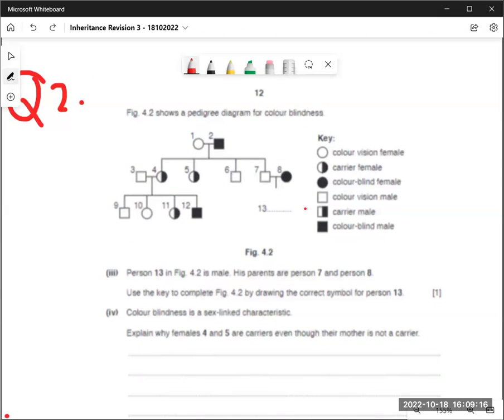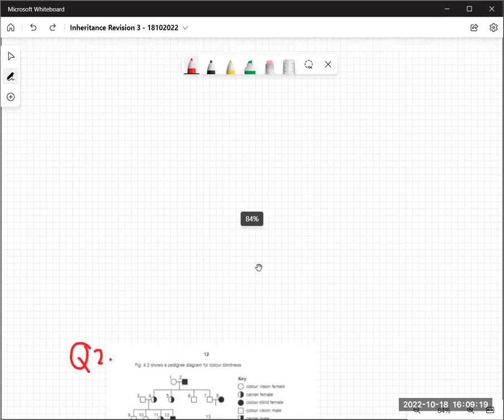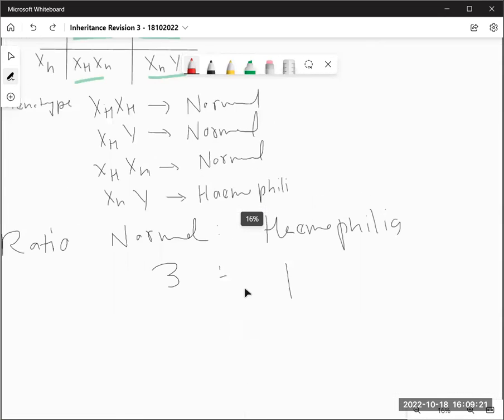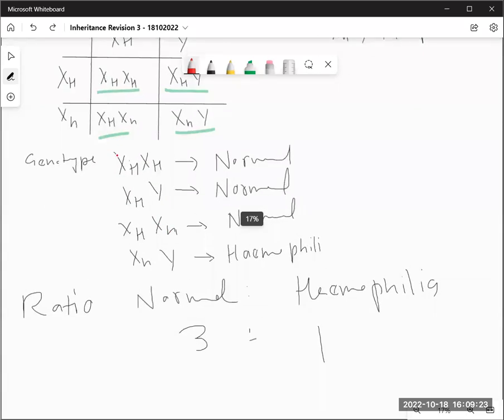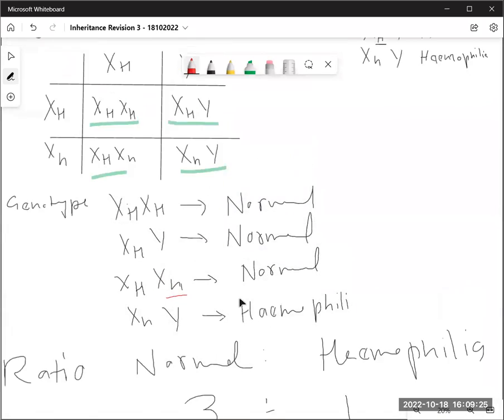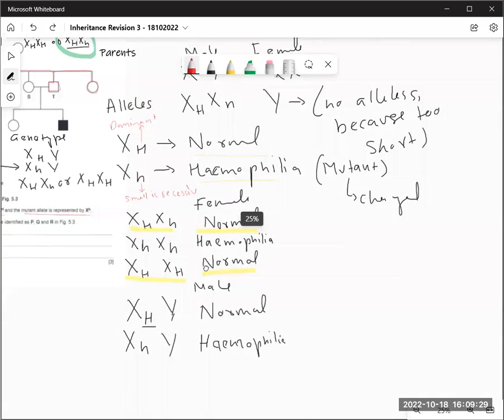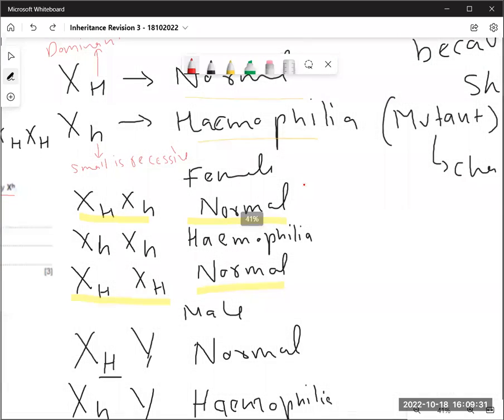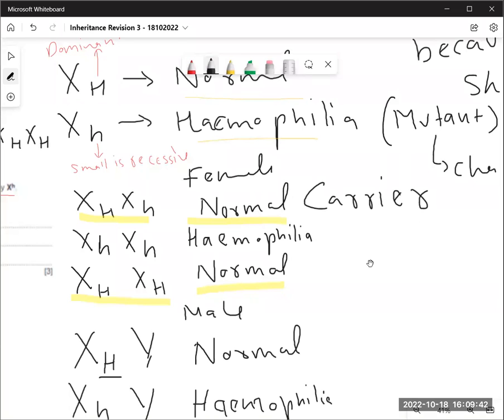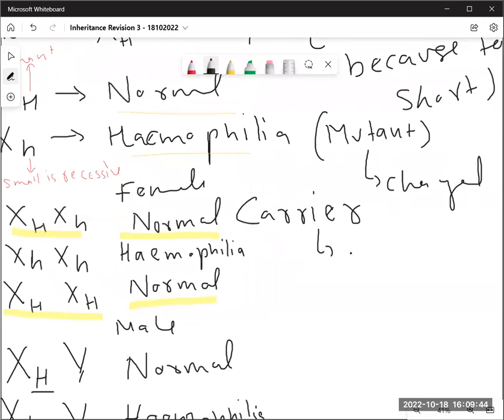Fine. One thing we need to realize here is that in the last question, we saw that even though this person had small h, which causes hemophilia, they were still normal. But they're not really; they are normal, but different. They're called normal carriers. Is that clear? Carriers of what?